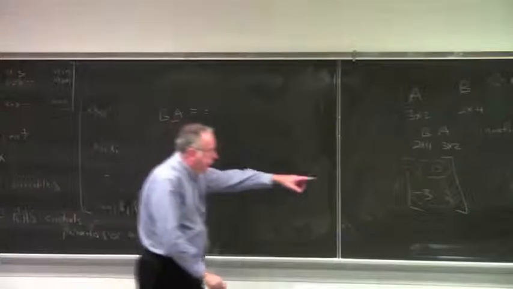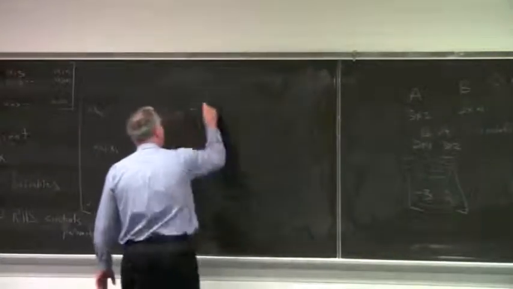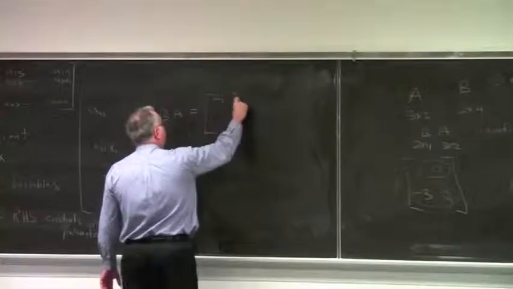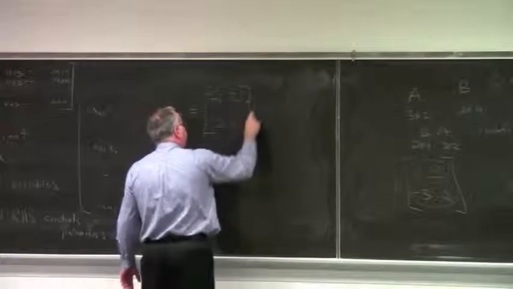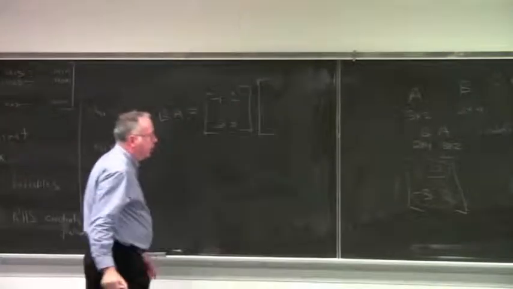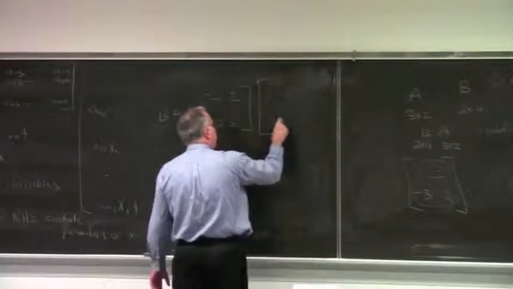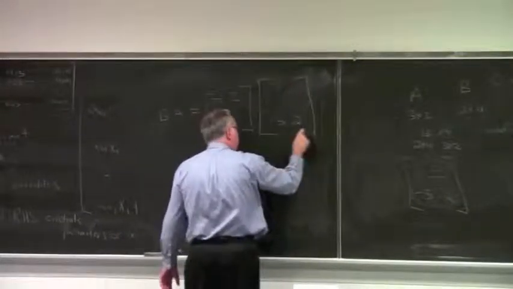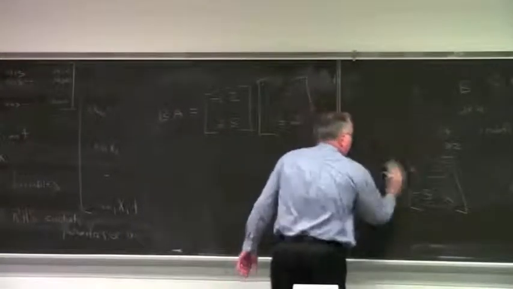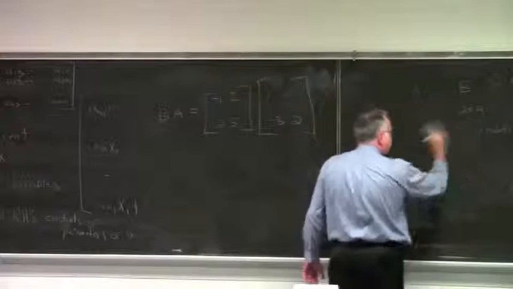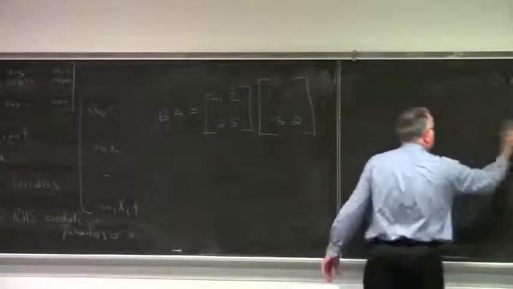Well, just substituting in, here's our B: minus 1, 2, 2, 5. And A is 1, 0, minus 3, 2. Just to practice your multiplication. Once in a million cases, they would be the same, but I don't think they will be in this one.